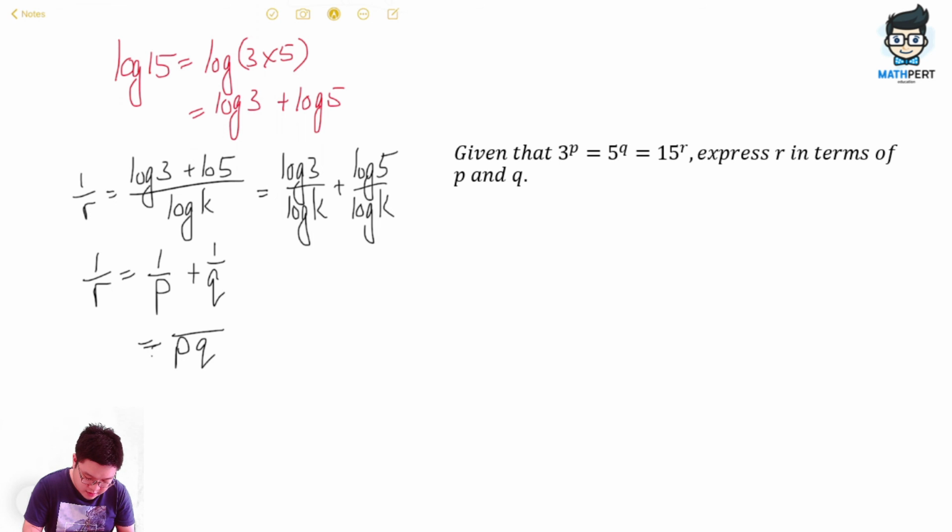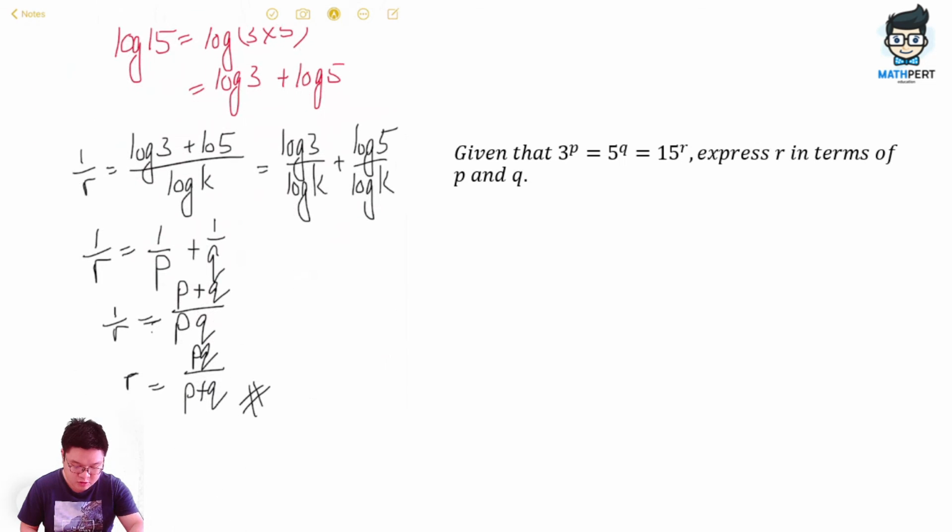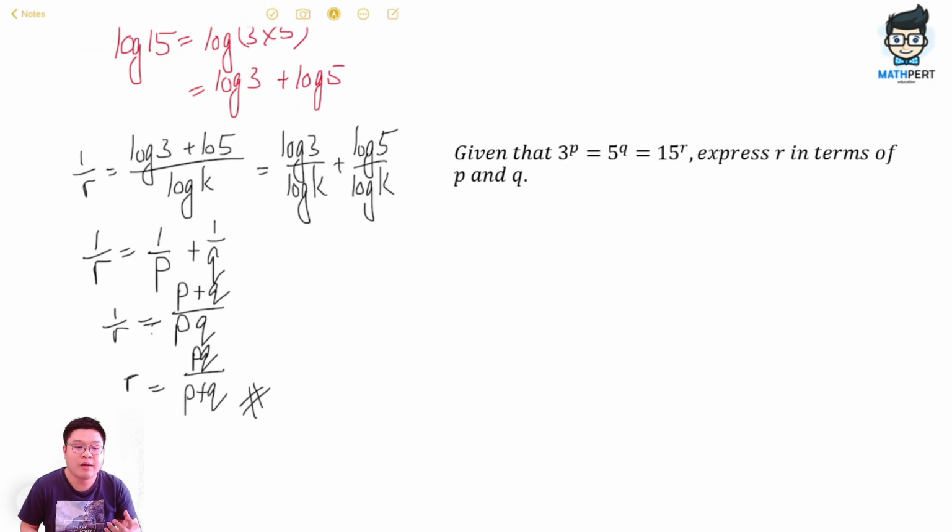So pq over p plus q. Right? When we turn it upside down, it will become r is equal to pq over p plus q. So by doing this, we eliminate 3, 5, 15 and the k that we gave in the first place. So the answer is r is equal to pq over p plus q.